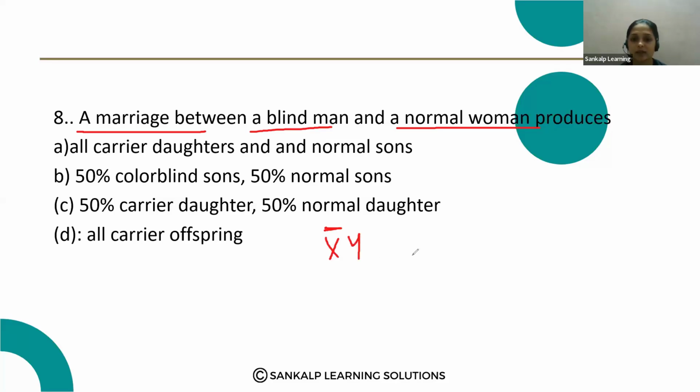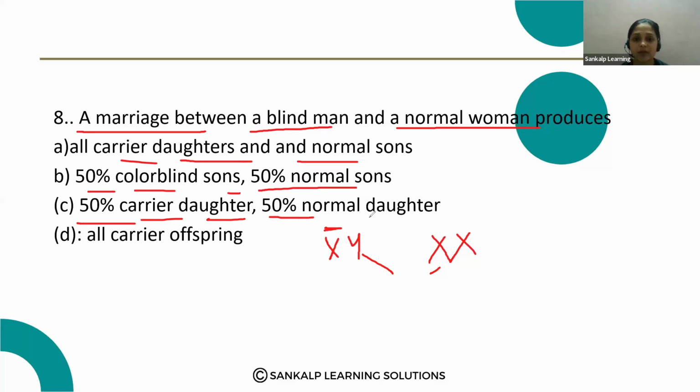The X chromosome is affected, and he marries a normal woman who may have XX chromosomes. The options: all carrier daughters and normal sons; 50% colorblind sons and 50% normal sons; 50% carrier daughters and 50% normal daughters; all carrier offspring. Let us check the answer.